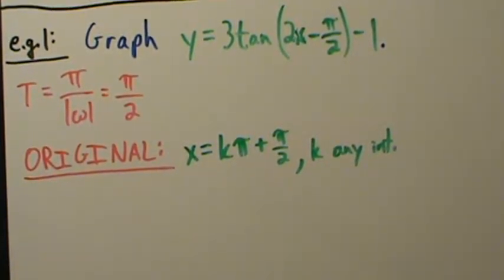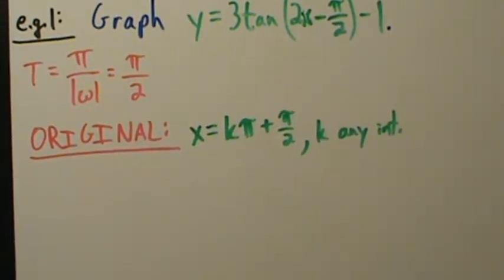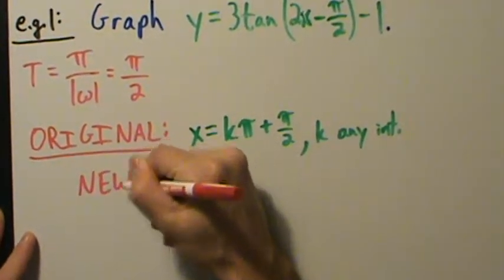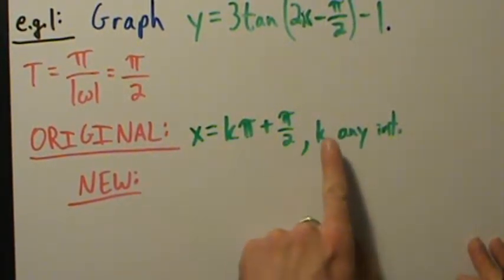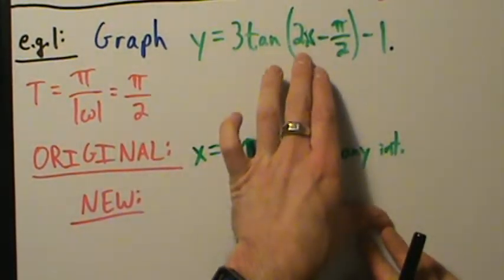Now, just like in those other videos, we say new. This is for y equals the tangent of x, but we don't have just the tangent of x. We have 3 times the tangent of this big expression, and then minus 1.